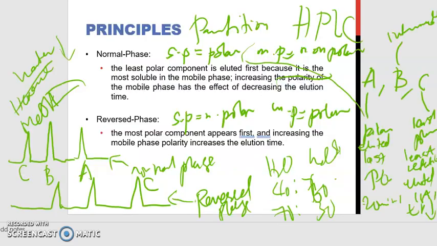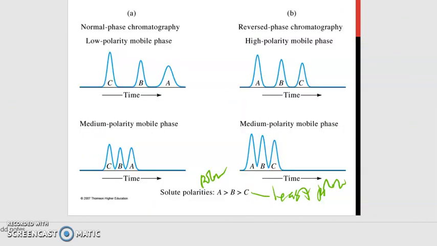Tapi kalau kita increase polarity, what happen dekat normal phase, lagi lambatlah keluar sebab dia lagi suka stay dekat stationary phase tadi. Tapi kalau kita increase the polarity untuk reverse phase, dia lagi cepat keluar.